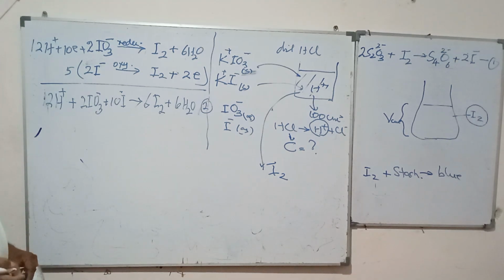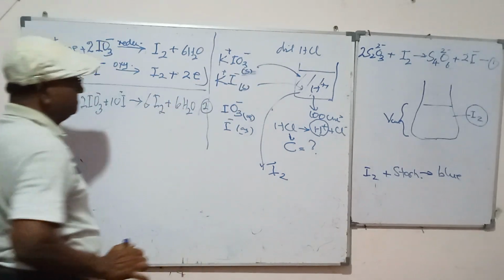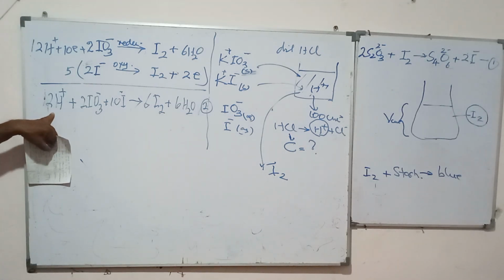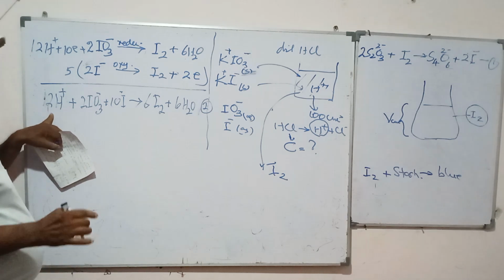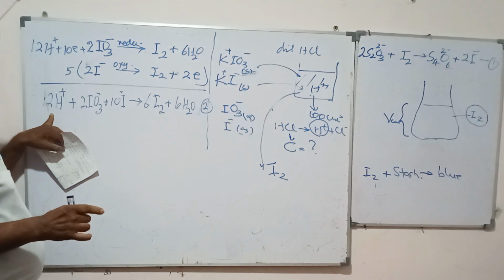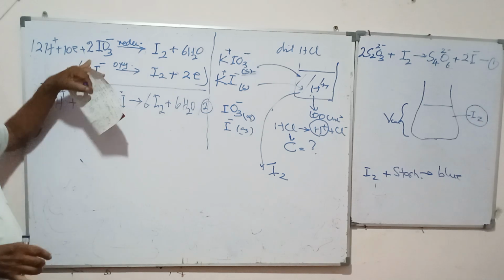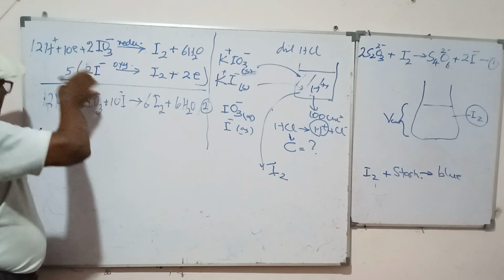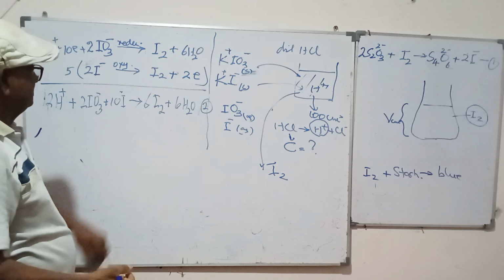In this case, we have to add a sufficient amount of KIO3 and KI. Right? So this is the complete reaction that occurs when HCl reacts with KIO3 and KI. IO3 minus and I minus both give I2. The H plus is converted to water.